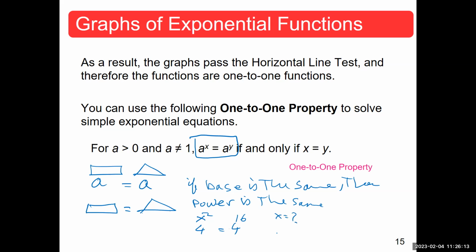Well, the base is the same, so x squared equals 16. Then x equals positive or negative 4. This way we solve for x, so we don't need to worry about taking the power. If the base is the same, then the power is the same.